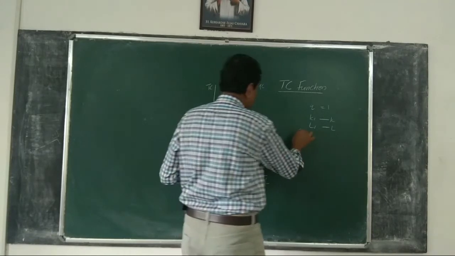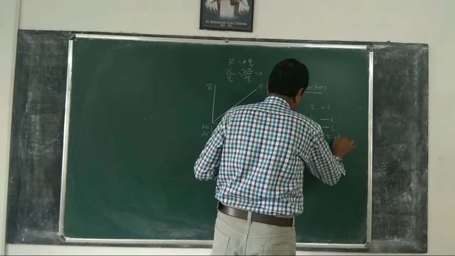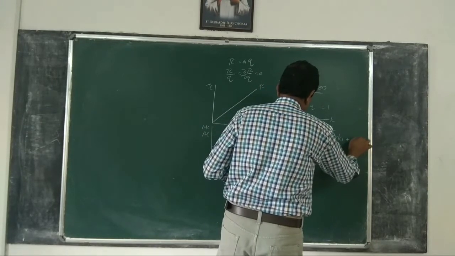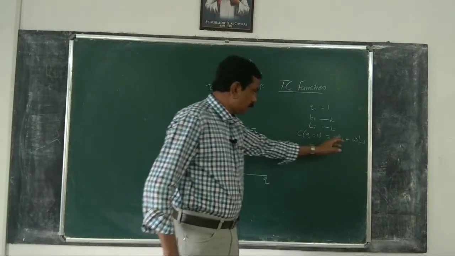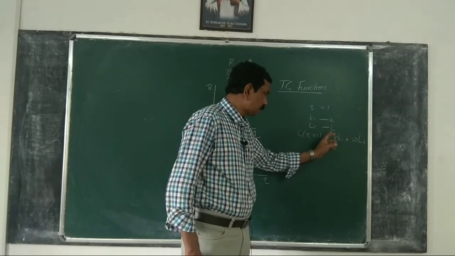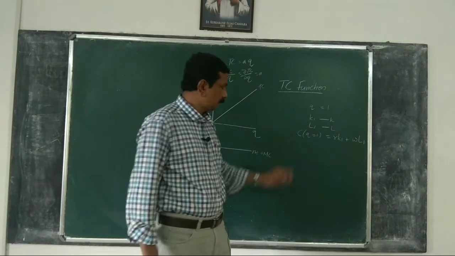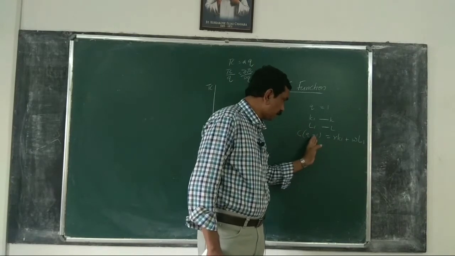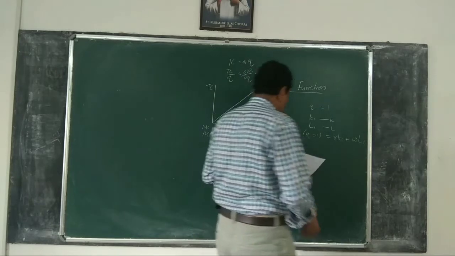That is, C at Q equal to 1 is equal to R into K1 plus W into L1. So the cost of producing 1 unit of output is R into K1 plus W into L1.